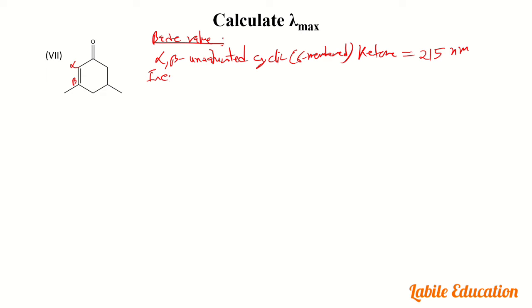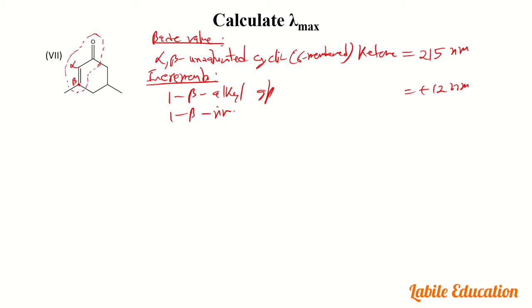And increments, we will just mark this conjugated system. This is the part of the ketone, but here at alpha there is nothing else. At beta there are two: one alkyl group, so one beta alkyl group is there, that will contribute 12 nanometer, and one beta ring residue, that will contribute again 12 nanometer.